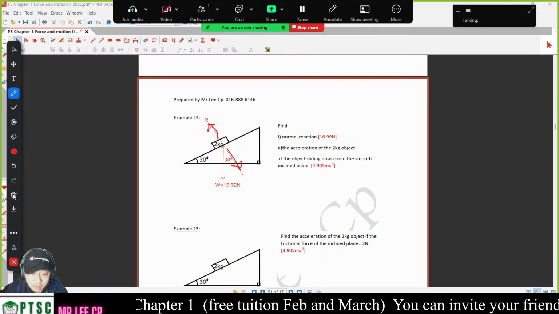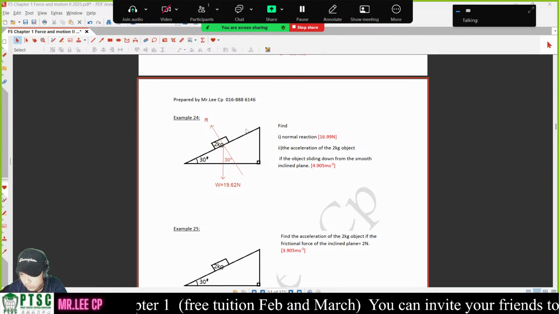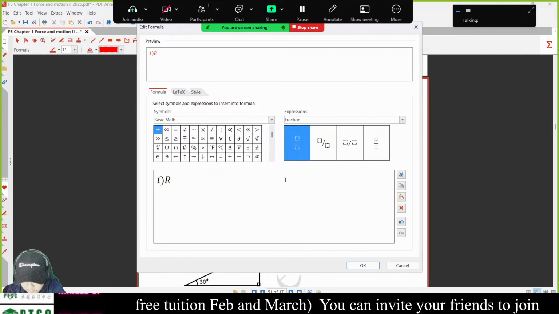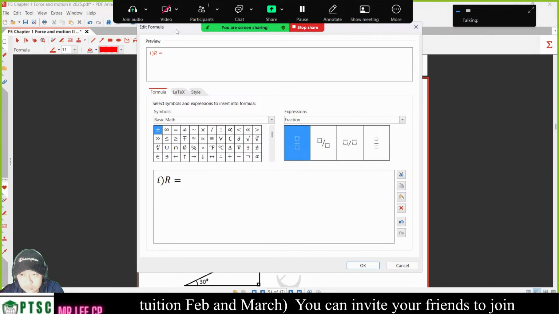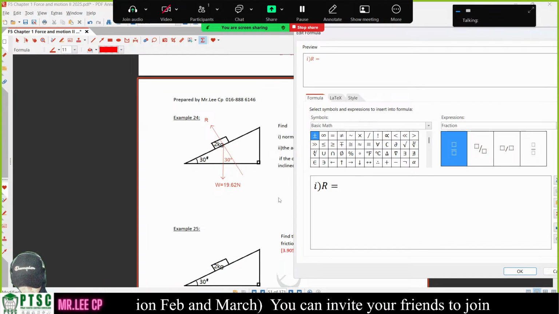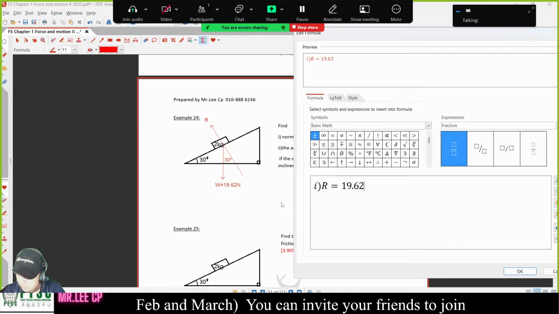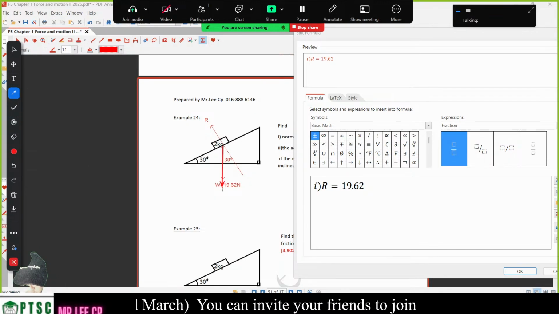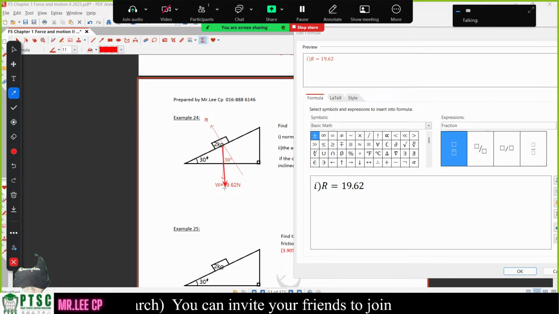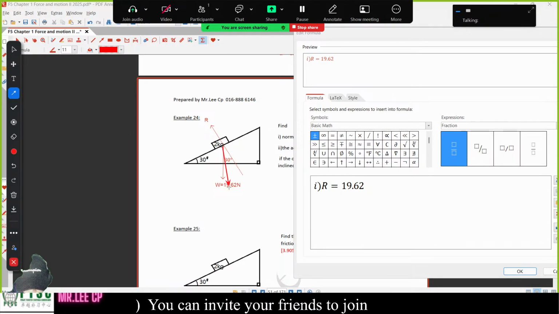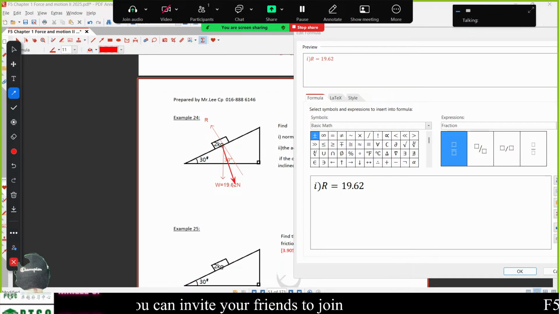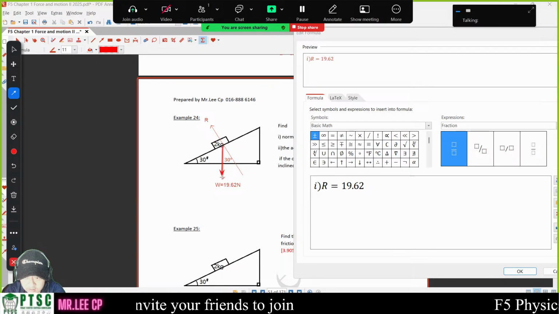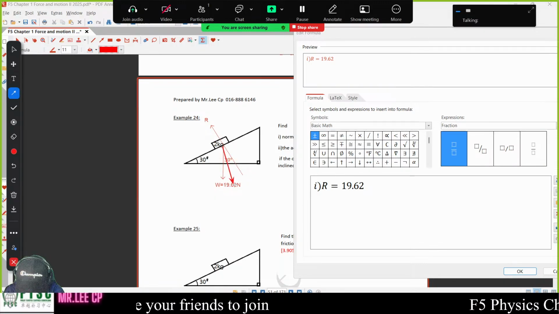So how much is R? Now we are going to find how much is R. Number one, R is equal to 19.62. Now I want to ask you, this W I bring to here, touch 30 or not? Yes, right.